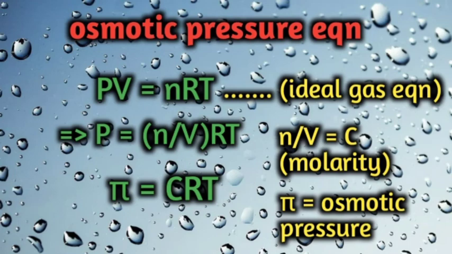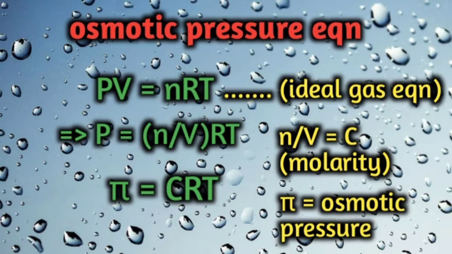Now let's see osmotic pressure's equation. Let's try to derive it. PV equals nRT. This is from the ideal gas equation, which gives us P equals n by V into RT, where n by V is C, which is molarity, that concentration term, and we get P equals CRT. Now I replaced P with pi because osmotic pressure here we represent by pi. So pi equals CRT.